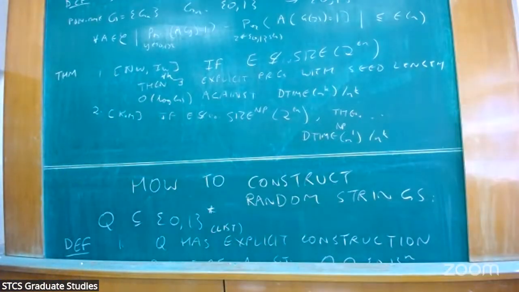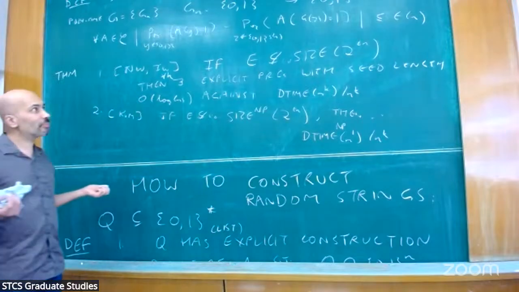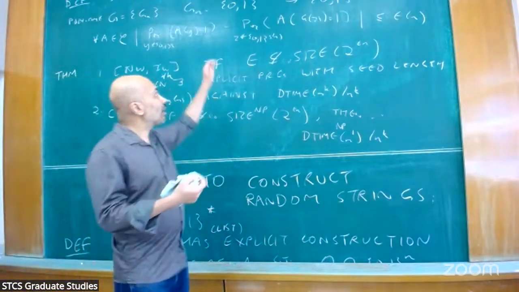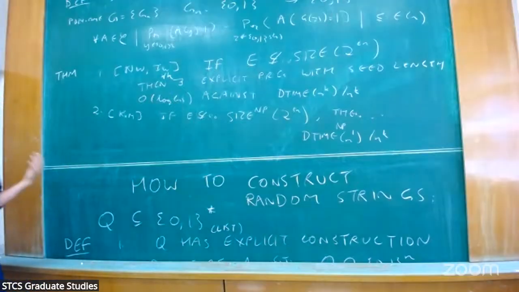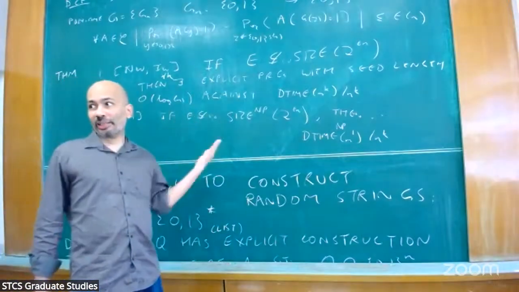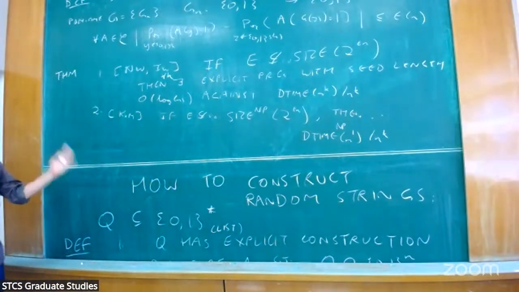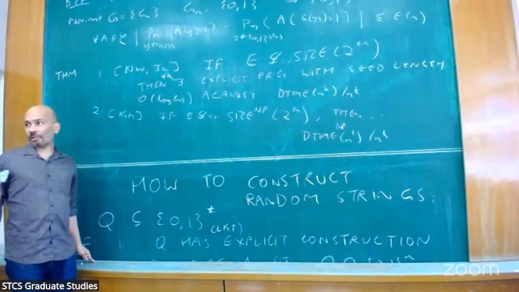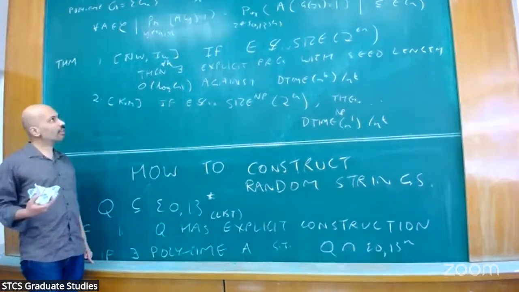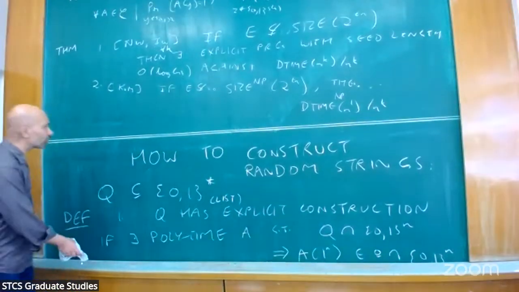And you would expect, since this is a PRG, that the probability that one of these poly(n) objects satisfies the property is approximately the same as the probability that a random object of length n satisfies the property. And since a random object of length n satisfies the property with probability close to 1, you expect the same now of this poly(n) size set. So in particular, you get from this immediately list-explicit constructions.